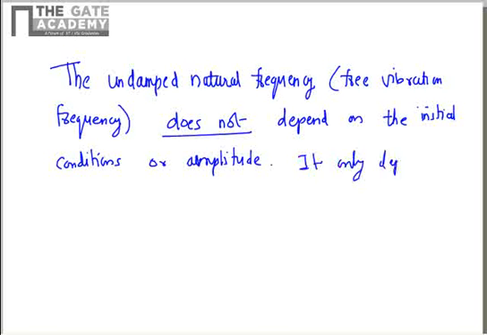It only depends on mass and stiffness. Since the mass and stiffness are an inherent property of a system, of a material, it only depends on that. So the natural frequency is something which is inherent to a system, and it doesn't depend on how the forcing is applied, how the oscillations are occurring, whether there is damping or not. It doesn't depend on any of that. The natural frequency will remain characteristic to a system.